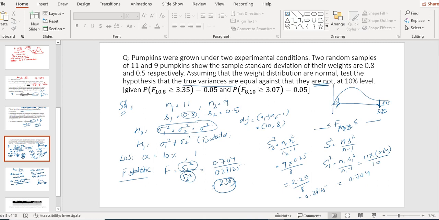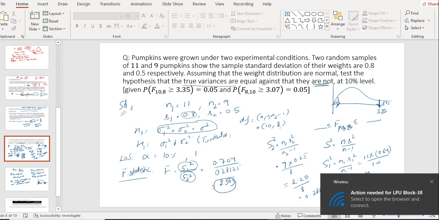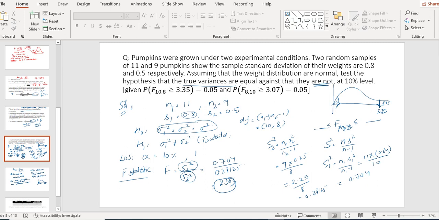Okay, so in case of the F test, what we need to do: we are given the sample variances and the sample sizes. So we firstly need to identify which one is greater. Like in this case we find that S1 square is greater than S2 square. So we choose S1 in the numerator and S2 in the denominator, with corresponding degrees of freedom. For S1, the sample size is 11, so the degree of freedom is 10.